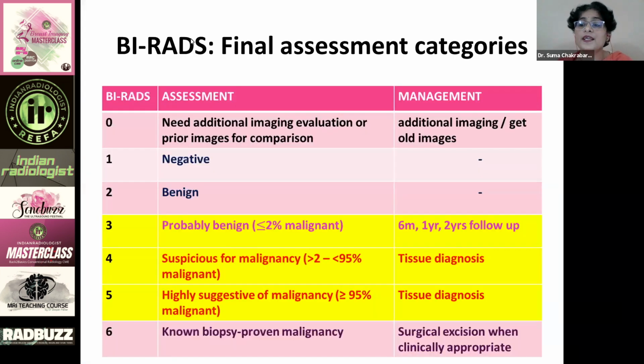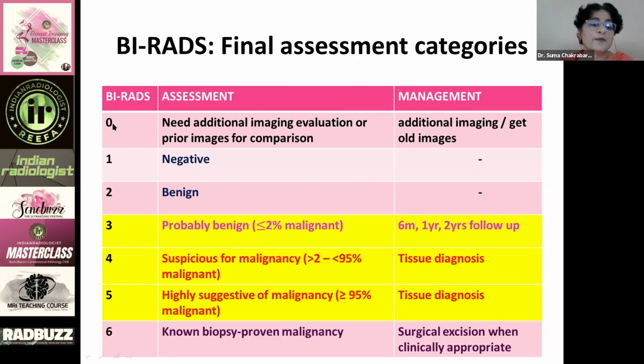Your big BIRADS talk is about to come next, but I'm just going to show the slide so that for those junior residents who are here, there's a summarization of BIRADS. This is important because I'm going to ask you some quiz questions now, and that involves BIRADS.